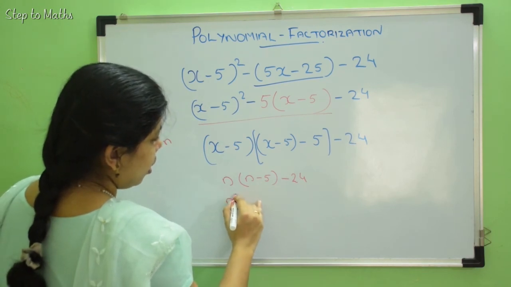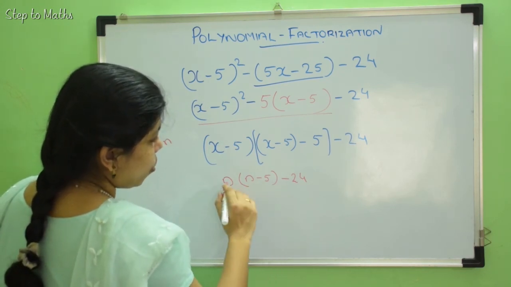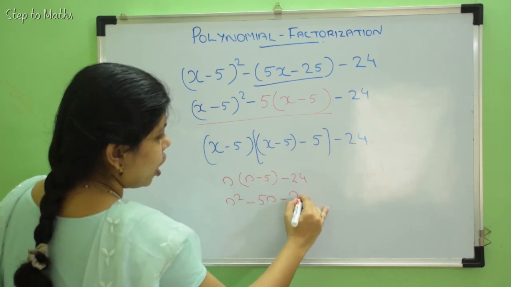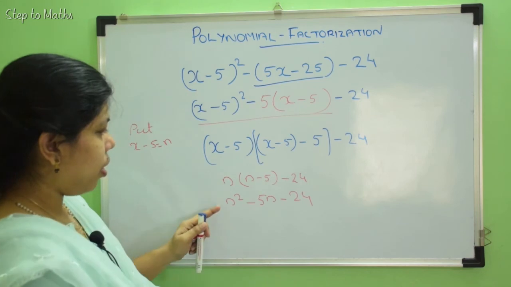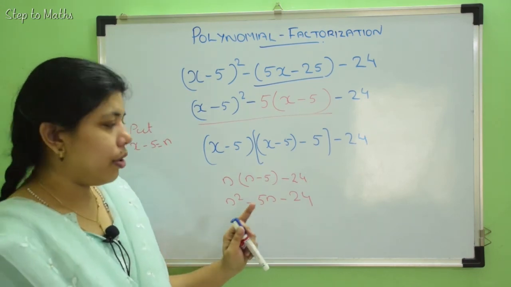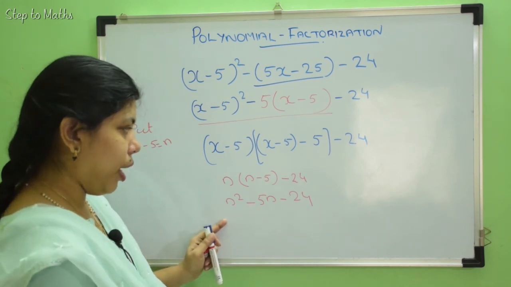That is, if you remove the bracket, n square minus 5n minus 24. n square minus 5n minus 24, a quadratic polynomial.